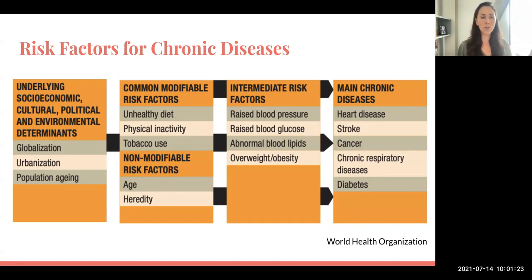So if we look all the way out at the underlying socioeconomic, cultural, and political environments that we live in. If you think way back to our first lecture on the socio-ecological model, it's that biggest, broadest level, the environmental or public policy level that impacts all of our well-being. And these are things like globalization, urbanization, and an aging population.